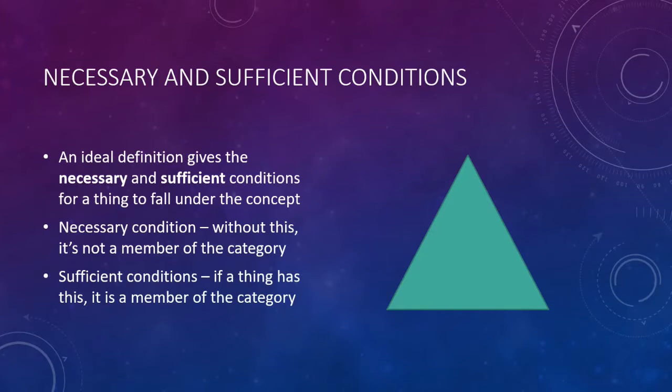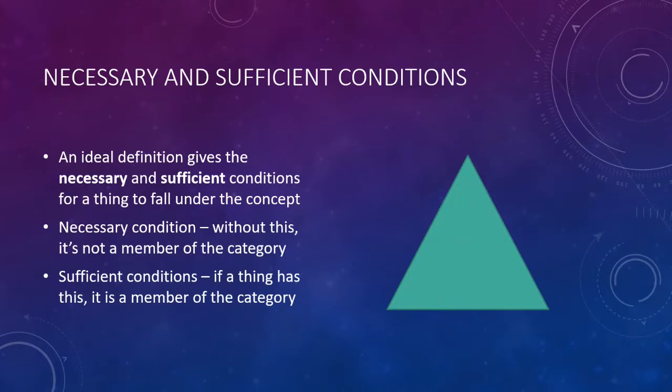So ideally, and this is an ideal that we rarely achieve, as I'm going to try to argue for you today, we usually don't get definitions that are as nice as that. But ideally, a definition will give you necessary and sufficient conditions. A necessary condition says, without this condition, you don't get to be a member of the category.